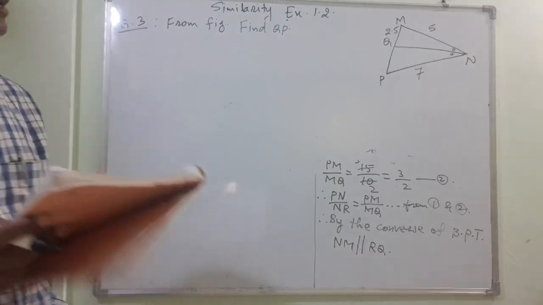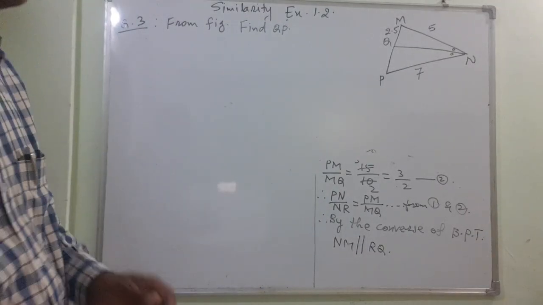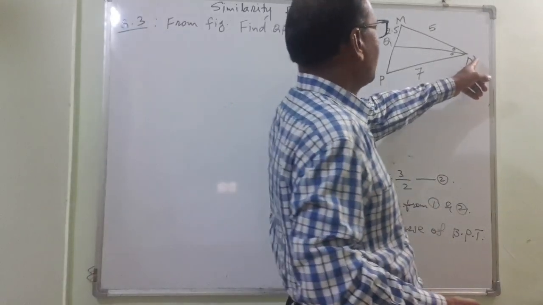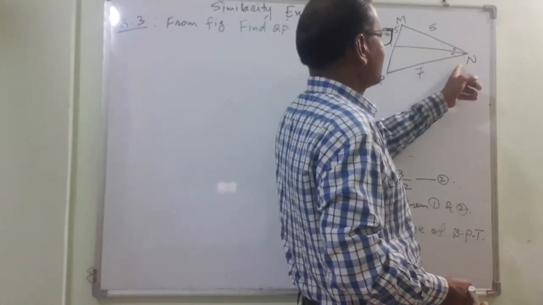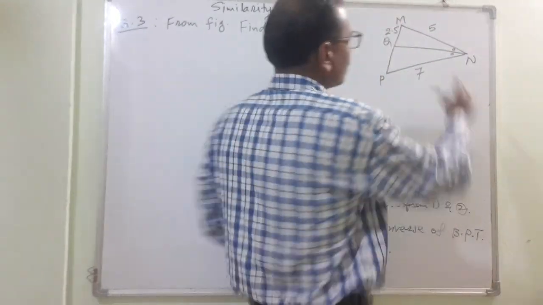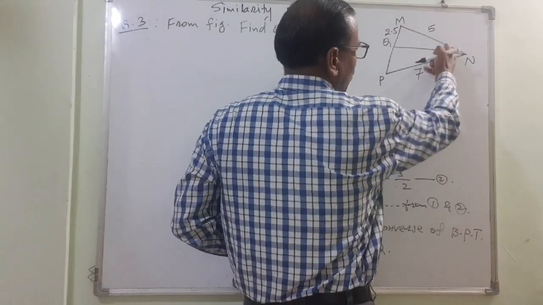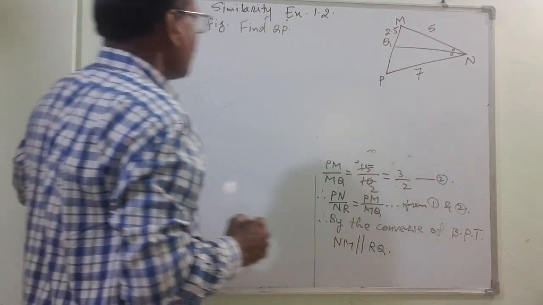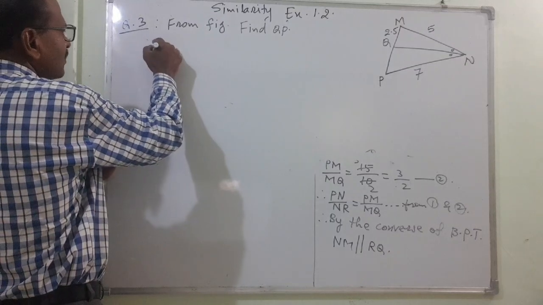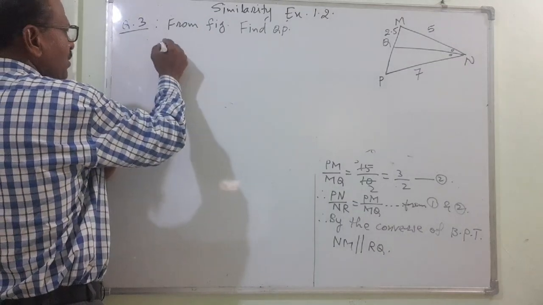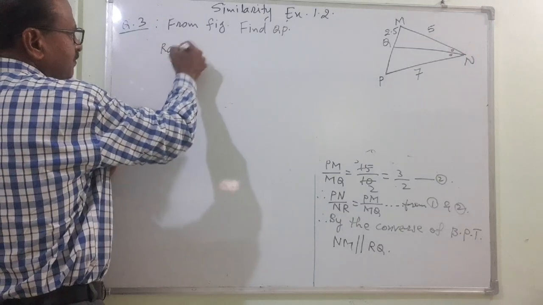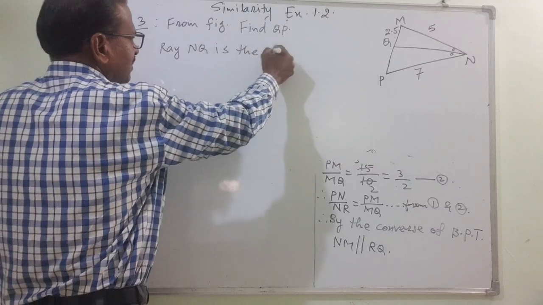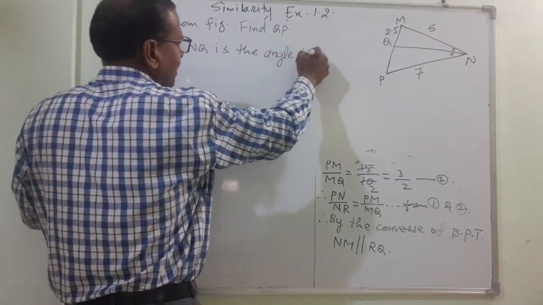I am using the shortcut. I am not missing the question, I am just not writing elaborately. Ray NQ is the angle bisector of angle N. From this symbol you can say that this angle is equal to this angle, that means this is the angle bisector. So in angle N, ray NQ is the angle bisector.